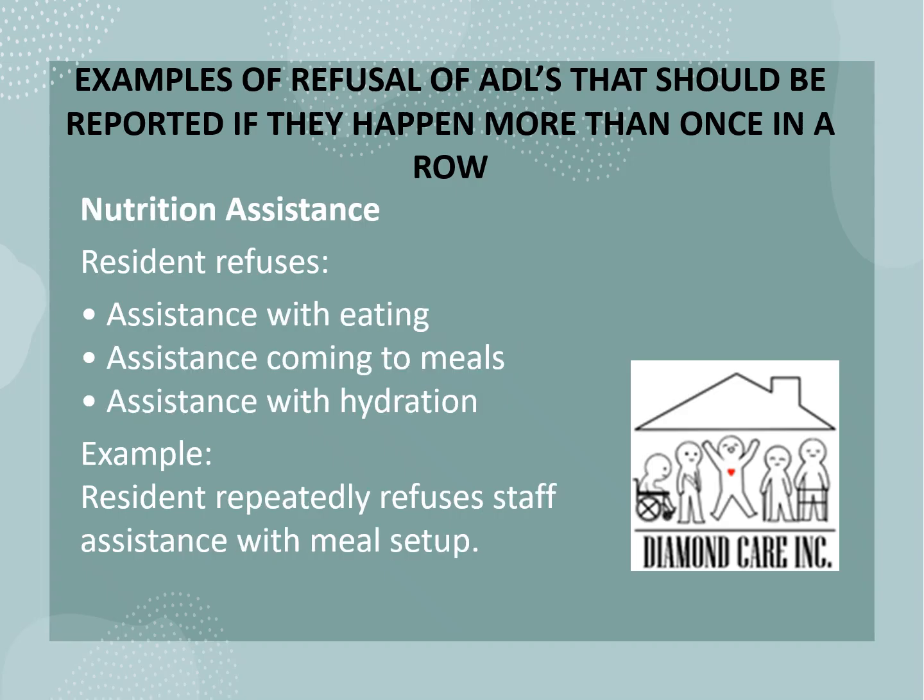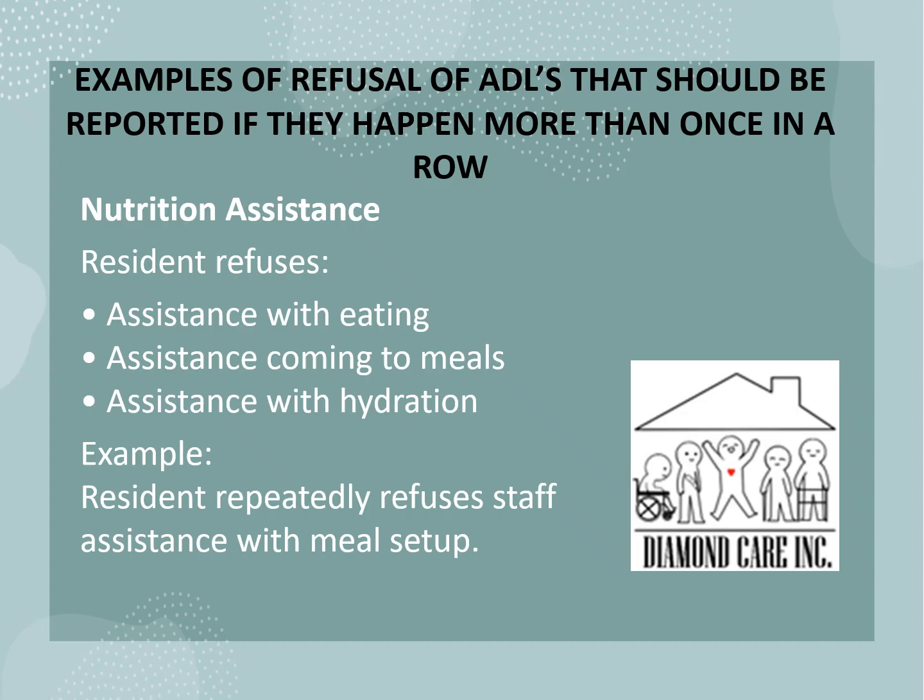Nutrition assistance. If we have a resident that skips a meal and they are diabetic, we need to know right away. The reason being is diabetics really need to have consistent meals, because when they don't have consistent meals, then they're not getting their insulin on a consistent time frame, and this can cause potential issues.